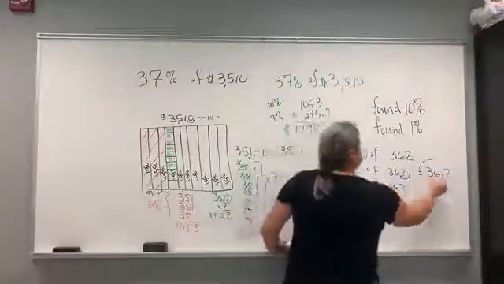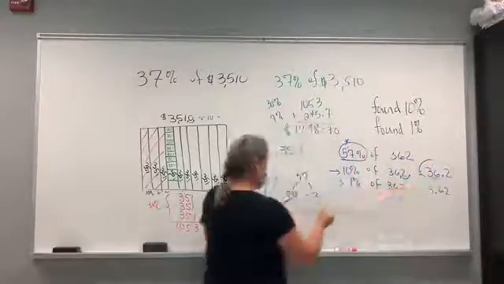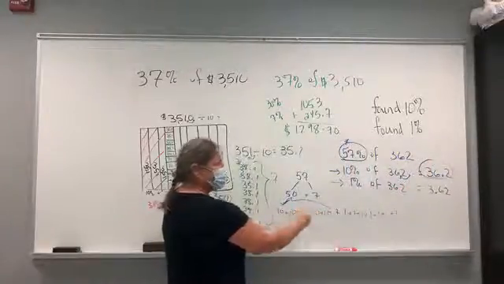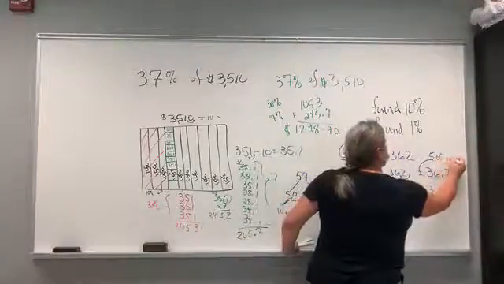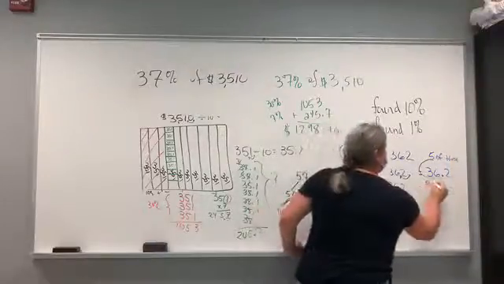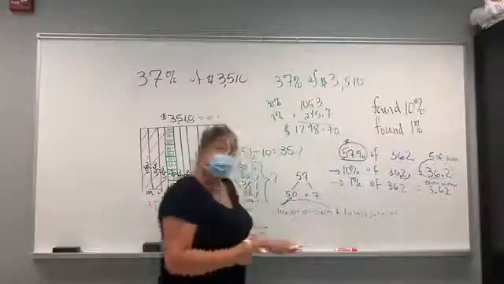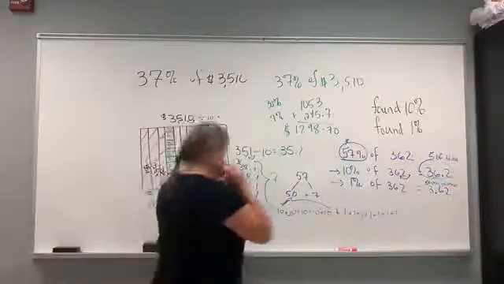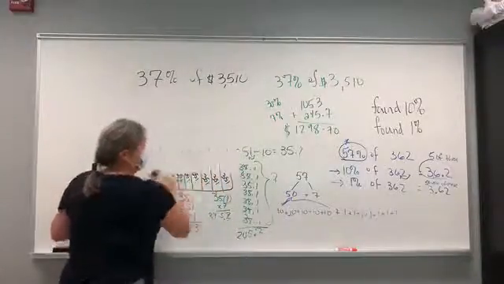So if we have 57%, we have 5 of these 10%, sorry, 50% is 5 of these 10%, and 7 of these 1%. Again, this isn't the fastest way, but this is the way that we can understand what they're asking us.